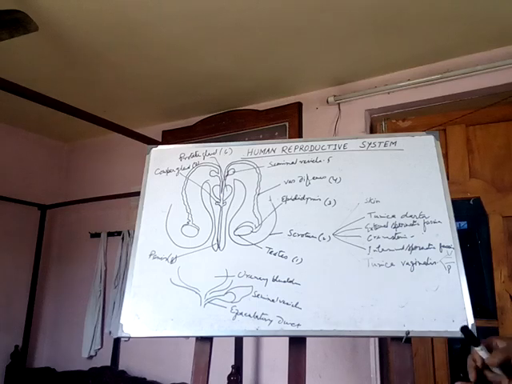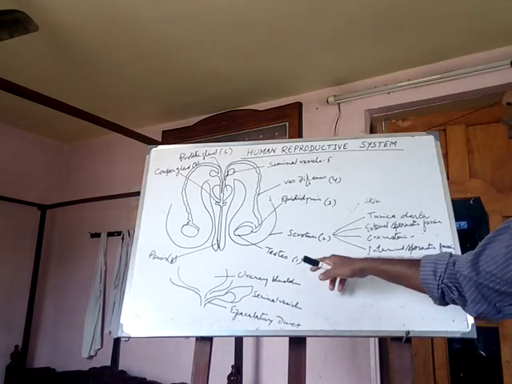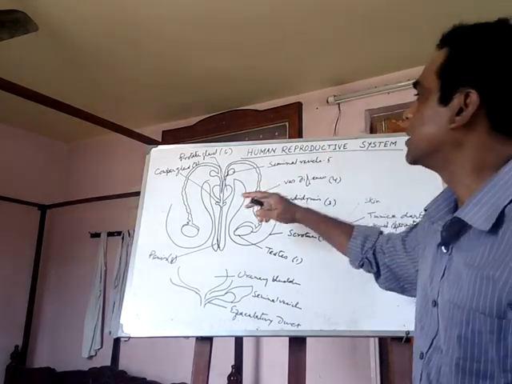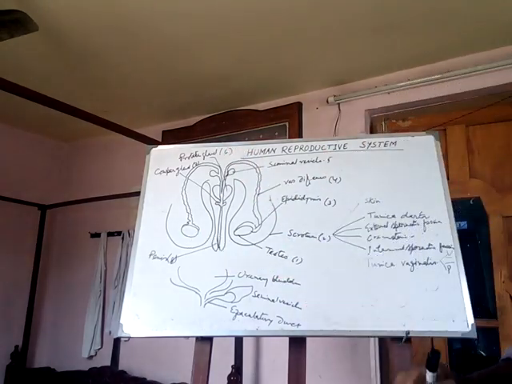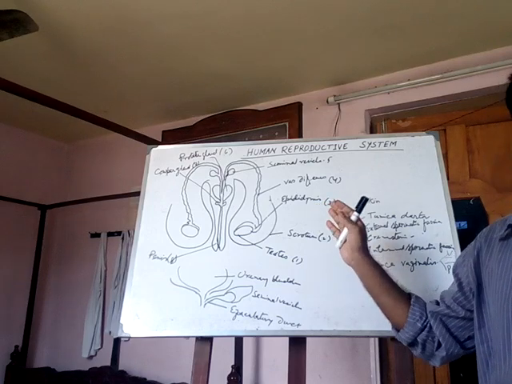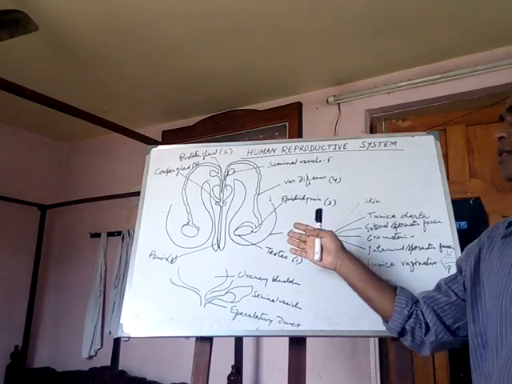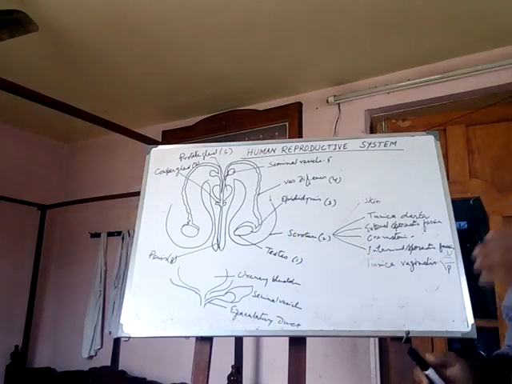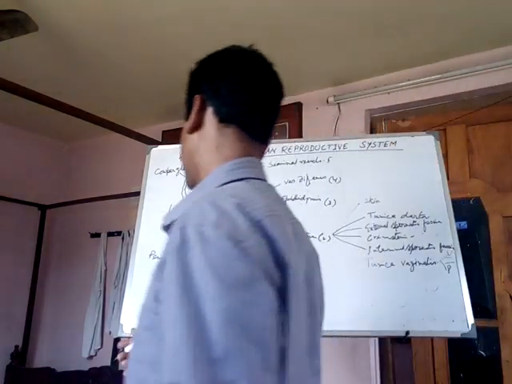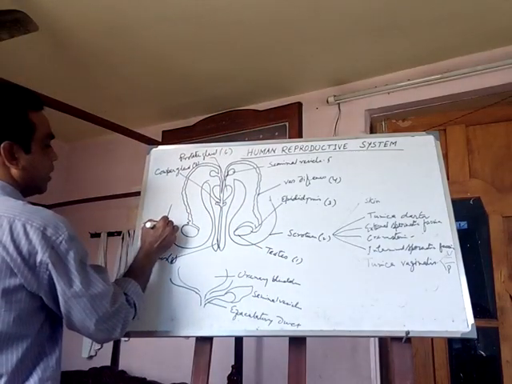I discussed 8 parts of the male sex organ, but one part I could not represent here, that is the inguinal canal.